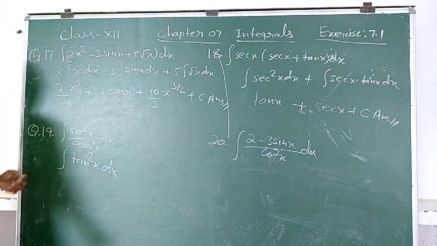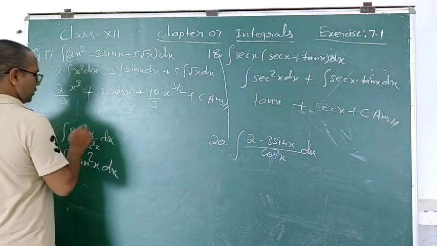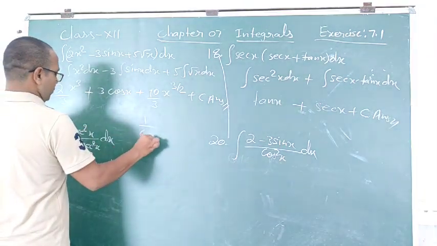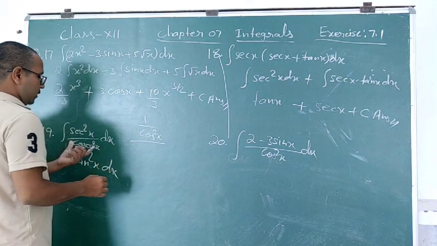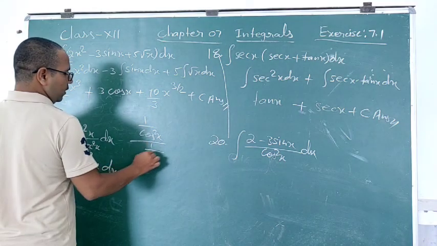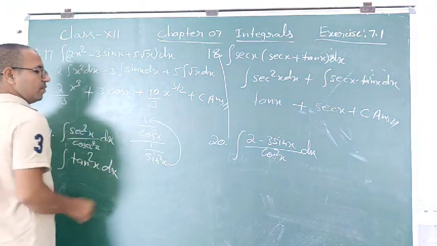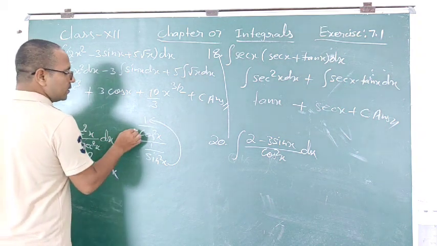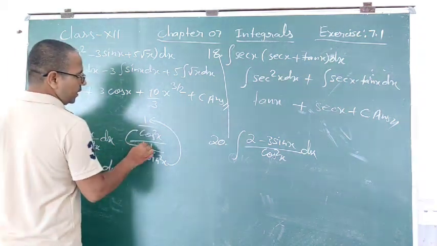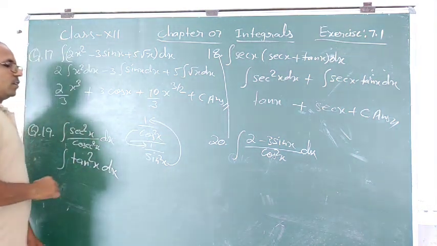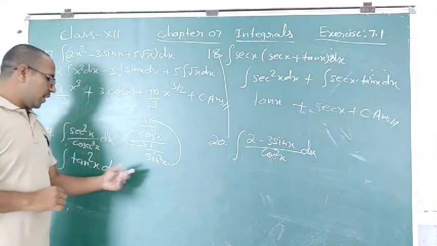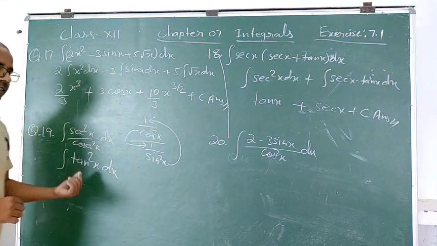Students, you can check it: sec square x is 1 by cos square x upon cosec square x which is 1 by sin square x. Now sin square x multiplies with the first term, that is 1, and cos square x, the second term, multiplies with the third term. So sin square x upon cos square x gives tan square x.